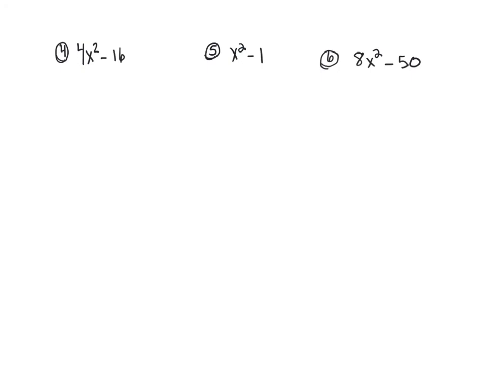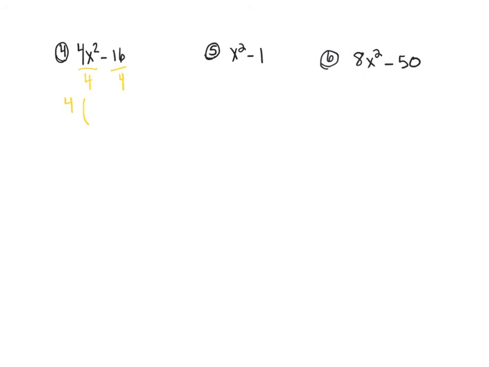So if we look at problem 4, the first thing I ask myself is, is there a greatest common factor? And actually with this problem, we start to see that there is a greatest common factor. So the GCF here is a 4. And so I'm going to factor a 4 out of each of these terms.